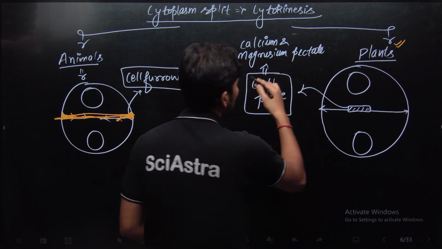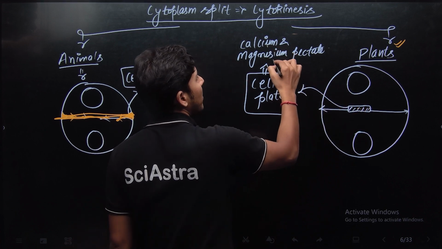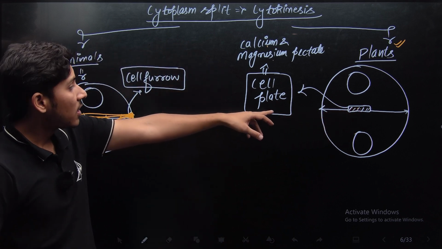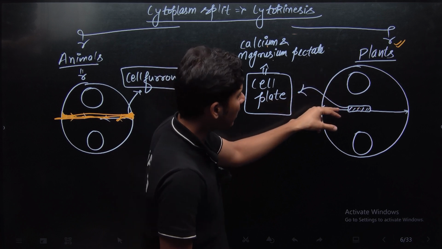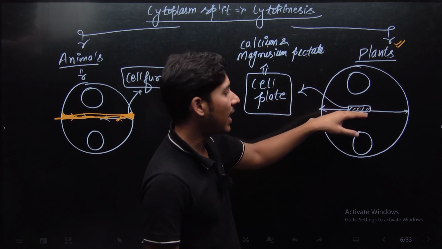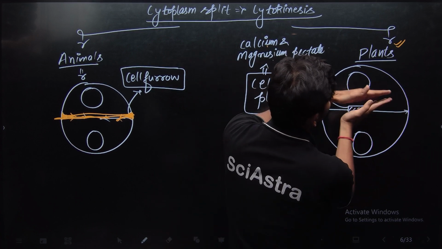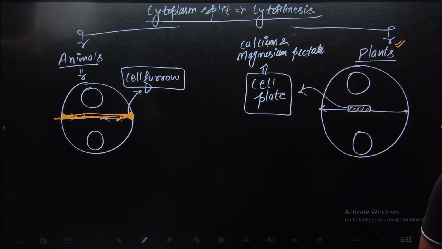Rather, a cell plate is formed at the center of the cell, which contains calcium and magnesium pectate, and this cell plate starts to move from the center towards the end of the cell, and hence at one point it joins the periphery of the cell, and one cell is divided into 2 cells. Okay, clear? This should be clear to you. Now let's move ahead.